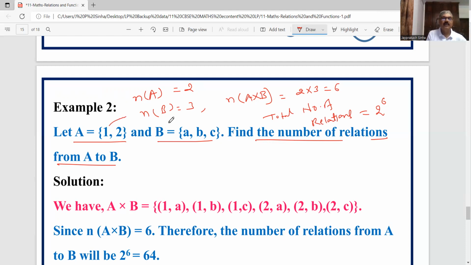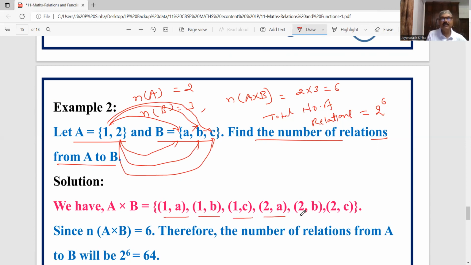See here. 1a, 1b, 1c, 2a, 2b, and 2c. Correct? So there are 6 ordered pairs in the Cartesian product of A with B.